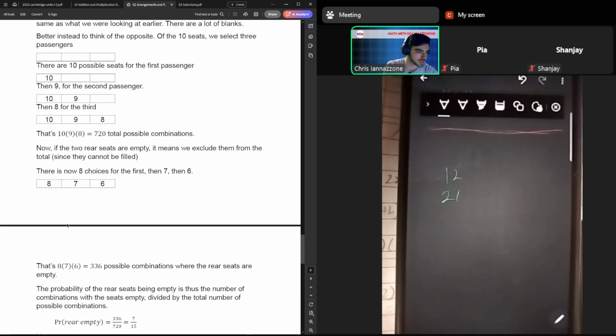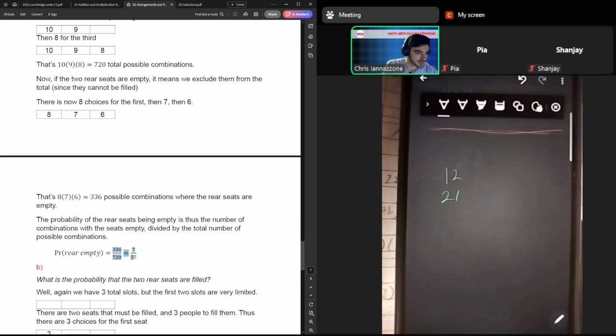So 8 by 7 by 6. And then, just like any other probability, you do number of combinations that meet your target divided by total number of possible combinations, and that gives you your total probability there. That's that one there. Feel free to ask any questions. I know these can be really weird.